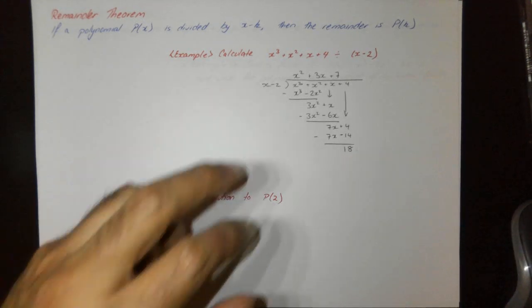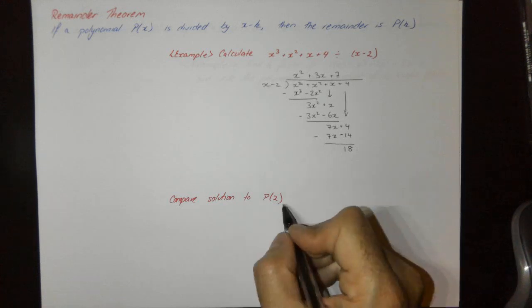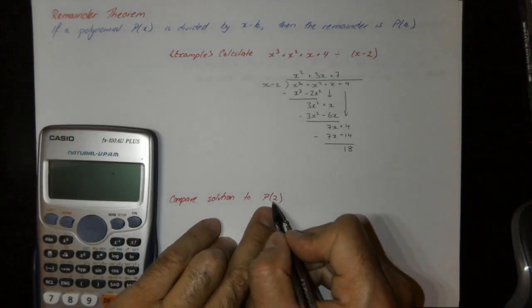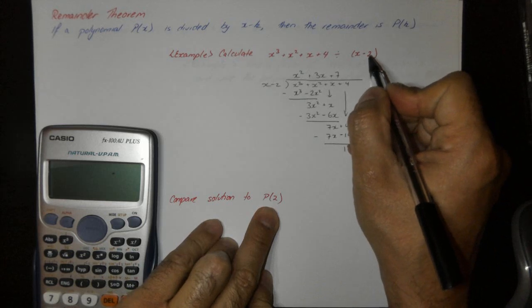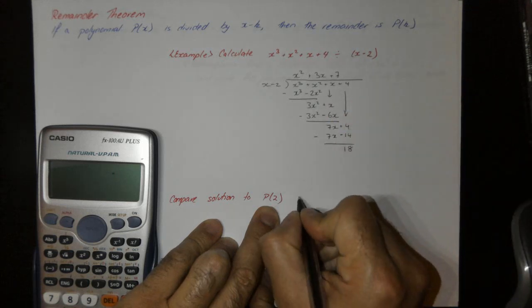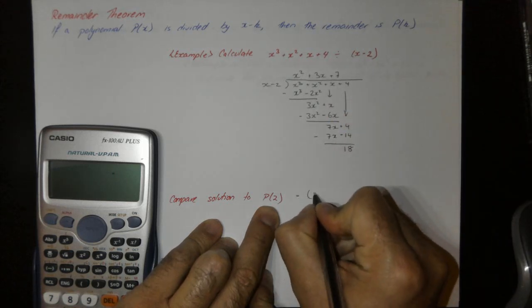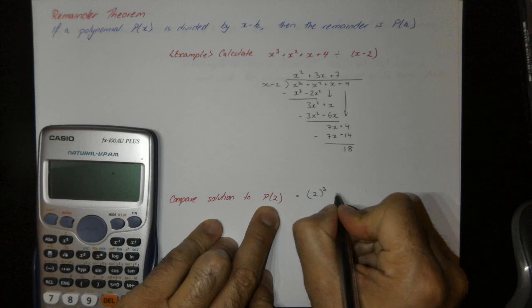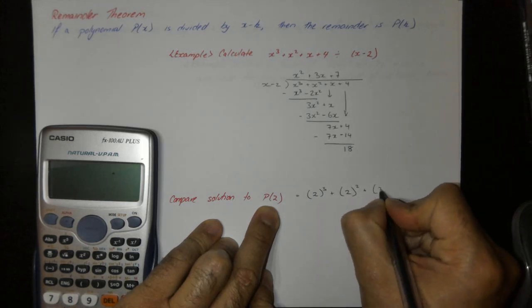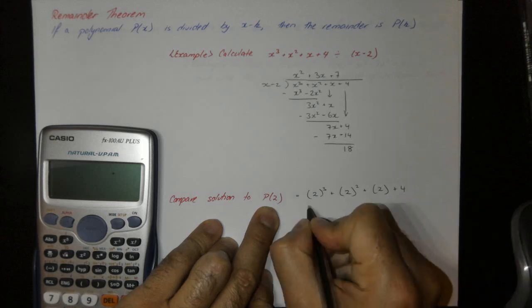Okay, so let us find out what p of 2 is. The reason why it's 2 is because of this: if I've got a factor of x minus 2, the actual value is 2. So p of 2 is 2 cubed plus 2 squared plus 2 plus 4.